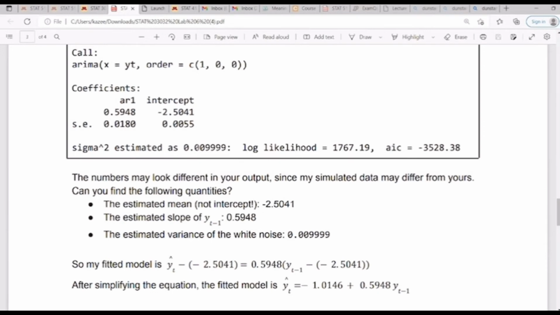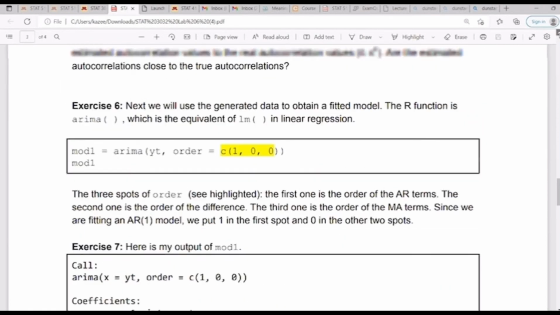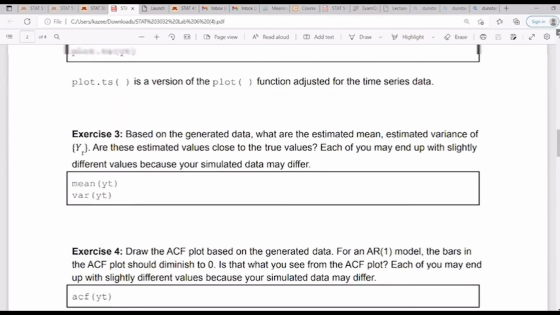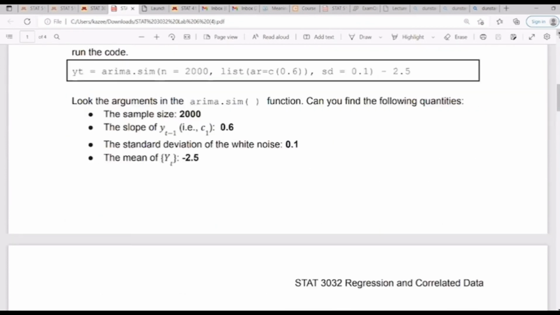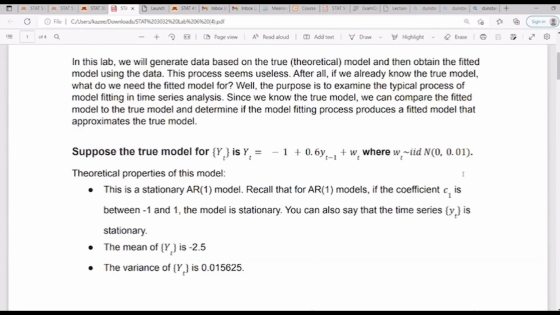So what if I ask you to run that on a data set and I say, okay, what is the variance of the white noise? It is this guy here, I mean the estimated variance of the white noise. The theoretical variance of the white noise is 0.01.